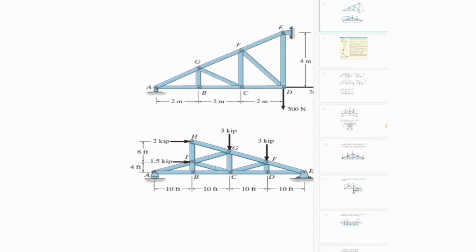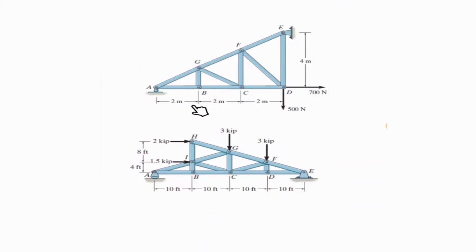Let's try to figure out which one is a zero force member. I start from point A, we have external forces. Point B gives us this as a zero force member, then I put a cross on that. What about point C? It has 4 links and we cannot say there is a zero force member.